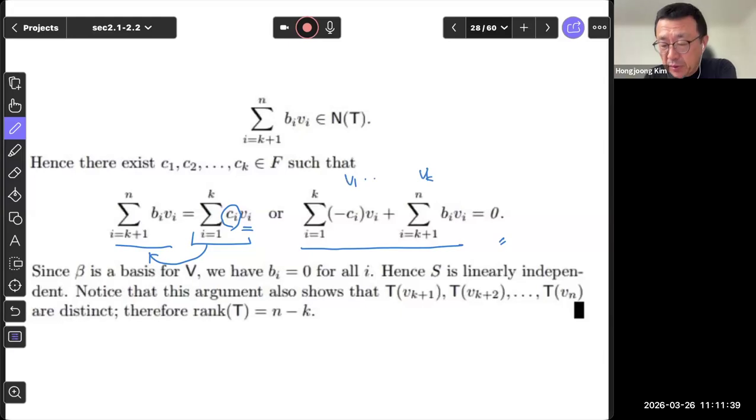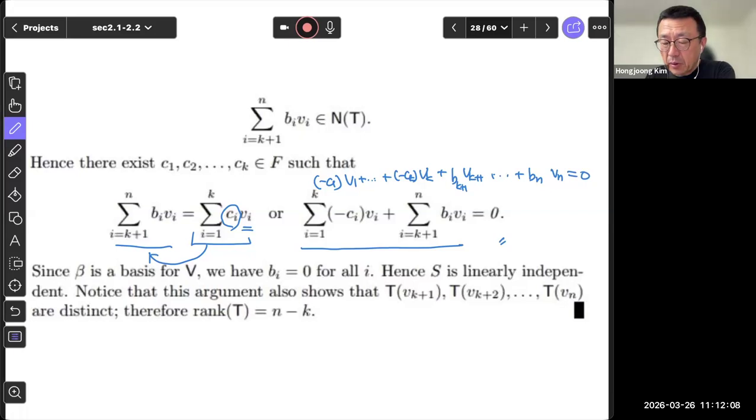For those k vectors, negative c1 up to negative ck are multiplied and added. And for v sub k plus 1 up to vn, b sub k plus 1 up to b sub n are multiplied, and this whole linear combination will be 0.